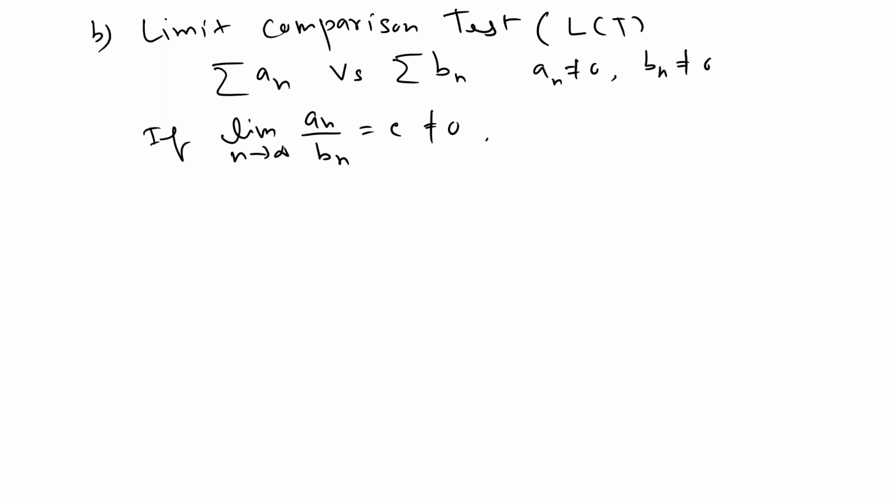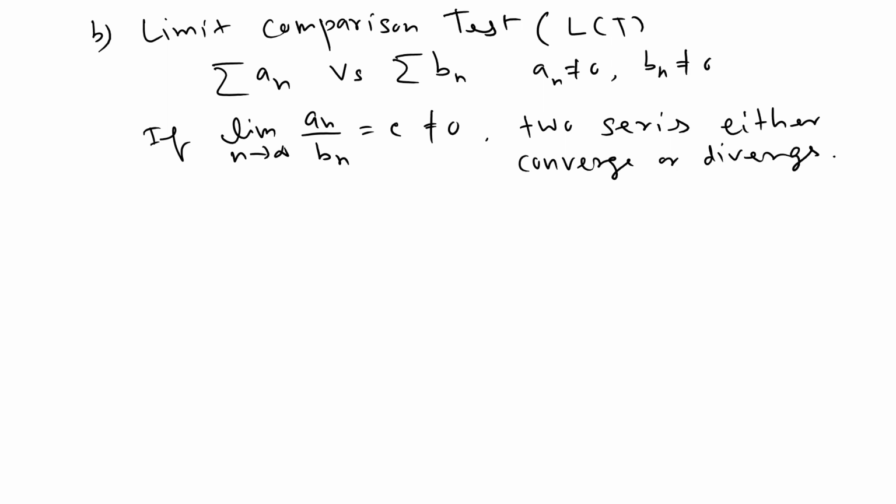So we're going to say the two series either converge or diverge. What does that mean? The two behave the exact same way. So if one converges, the other one converges. If one diverges, the other one diverges.